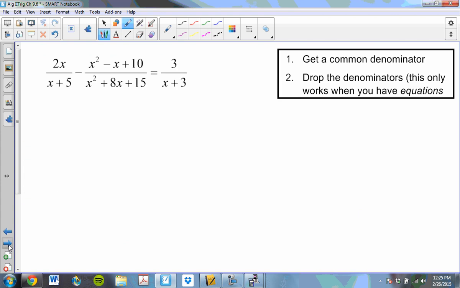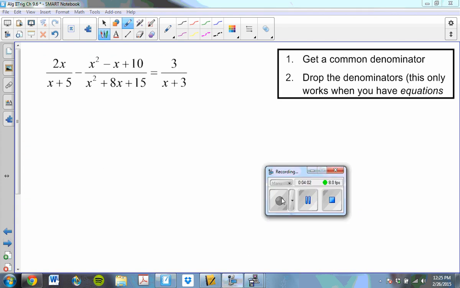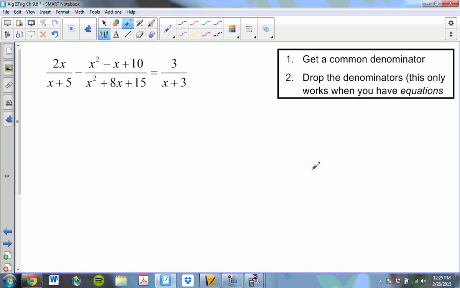I need to pause real quick and realign my board. So this problem has a lot more stuff going on. I need to factor everything and then see what the lowest common denominator is. The numerator doesn't need to factor, but the denominator can actually factor into x plus 3, x plus 5 over here.